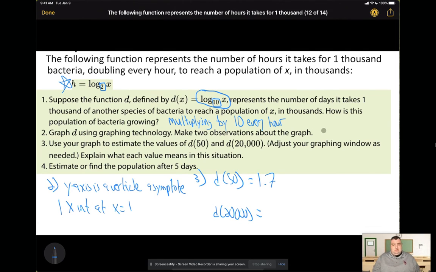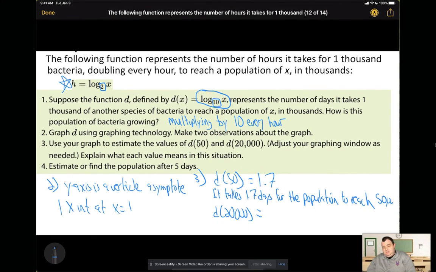So it represents the number of days. What this is saying is that it takes 1.7 days for the population to reach, in this case, not 50, but 50,000.